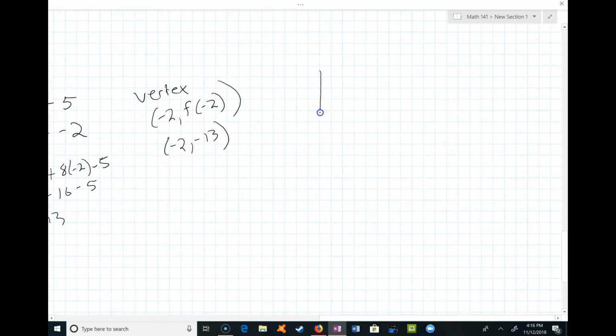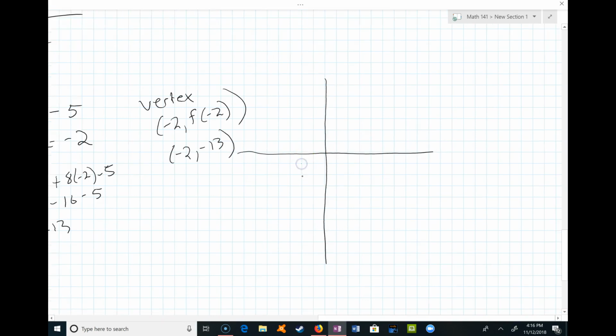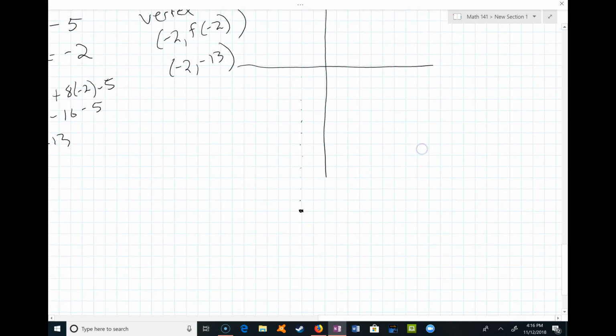So if I wanted to graph it, just go over here, go out to negative 2, go down 1, 2, 3, 4, 5, 6, 7, 8, 9, 10, 11, 12, 13. And there's my beginning, my t-chart, x, y. I put in negative 2, get out negative 13.